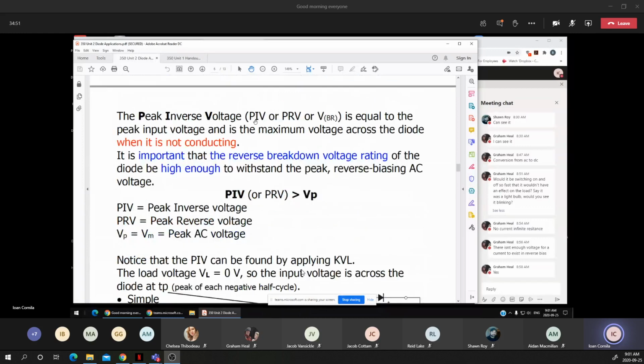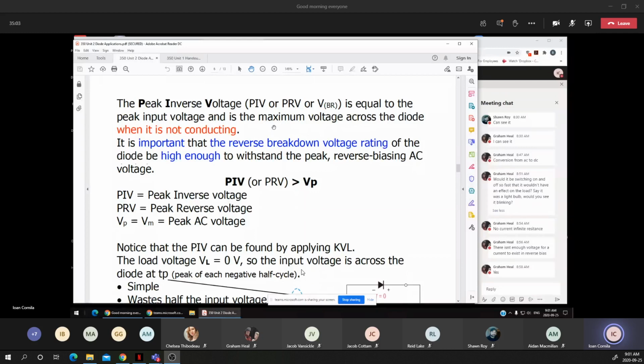Now we talk about the PIV. This is probably the most used notation for the peak inverse voltage. At the same time, you may see the PRV or the VBR, and I mentioned that. The peak inverse voltage applies when the input voltage has the opposite polarity, which means the voltage applied to the anode is negative and the voltage applied to the cathode is positive.